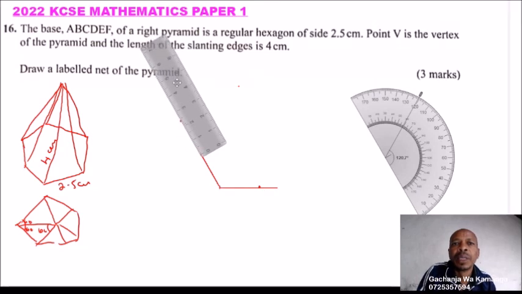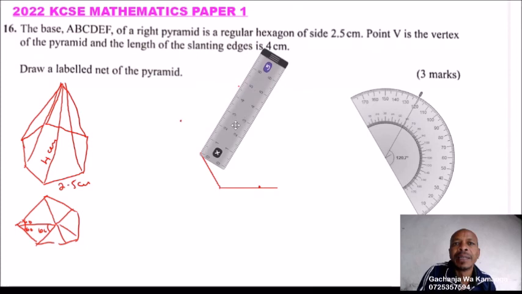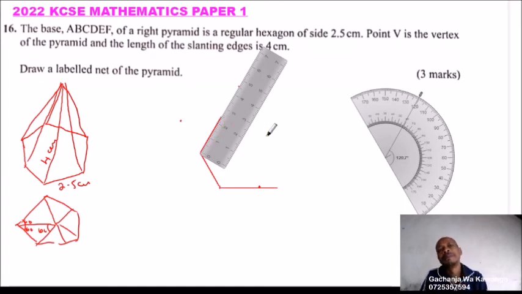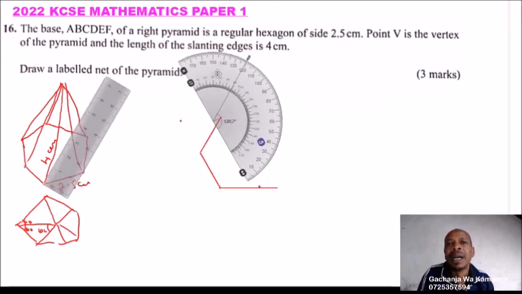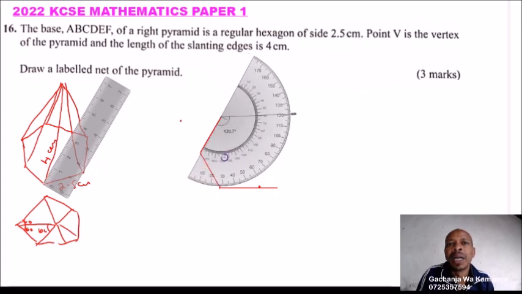So we take that point and we draw our line here. Alright, so that's where we draw our line, and again we draw a line of 2.5 about there. We take our protractor again and measure an angle of 120. So that's where we have our point.